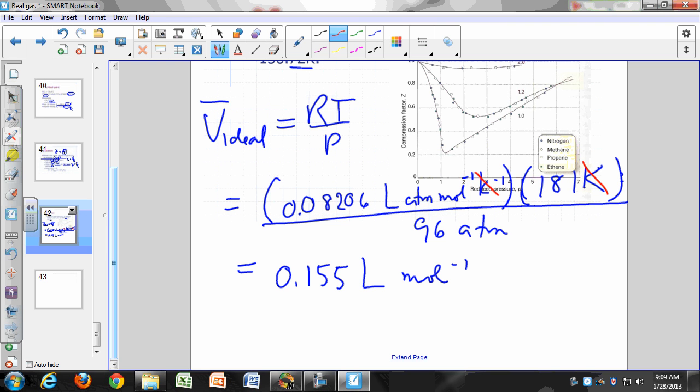Temperature, Kelvin cancels out, atmosphere cancels out. RT over P is the ideal molar volume.